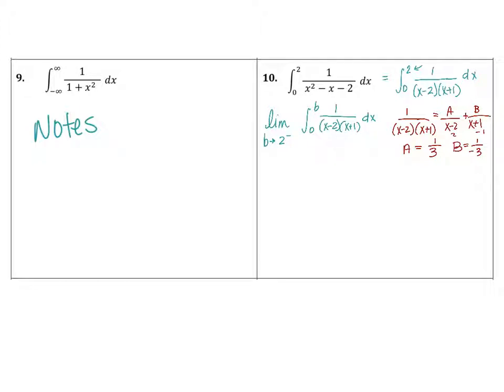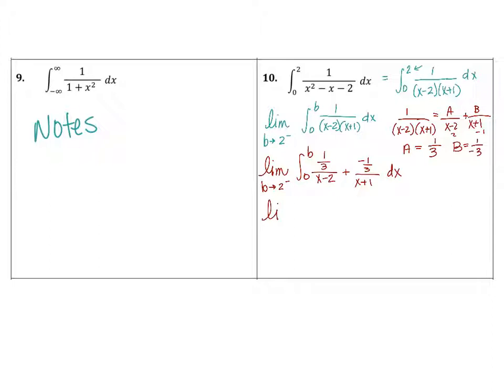And so coming back over here, we have our limit as b approaches 2 from the left of the integral from 0 to b of, and now we can go ahead and separate this and say that's the same thing as 1/3 over x minus 2 plus negative 1/3 over x plus 1 dx.